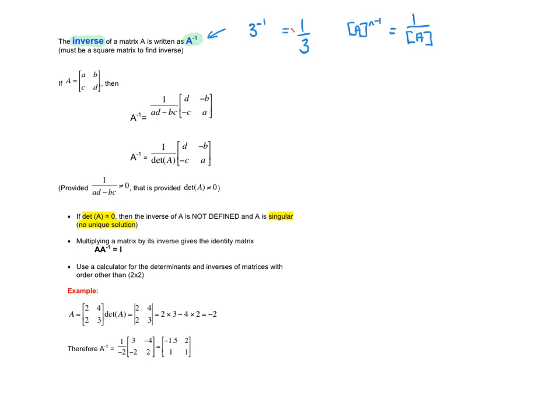Now, if you times something by a third, is that the same as dividing by 3? Would you agree? So if we times something by the inverse, it's like dividing by that matrix, isn't it?